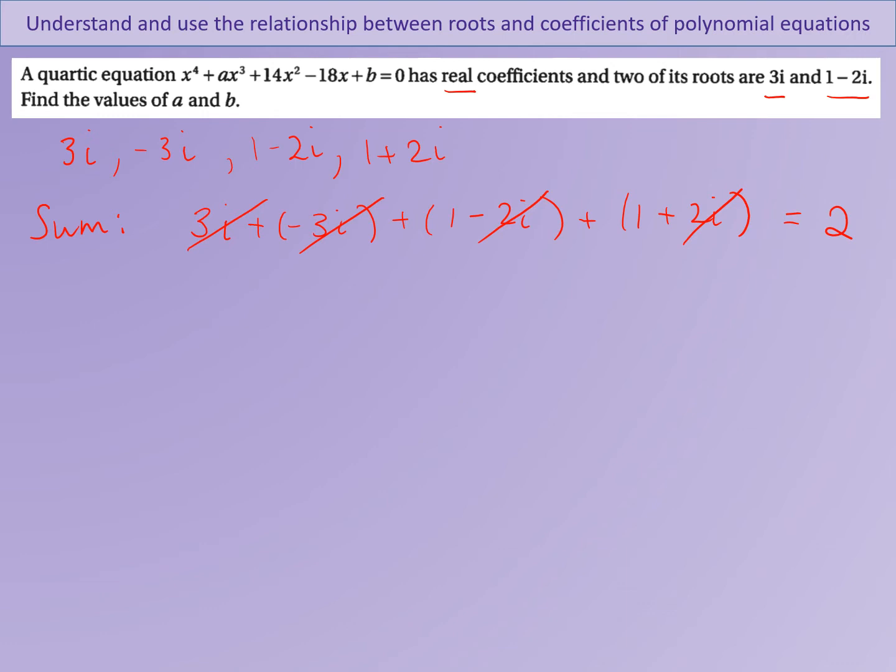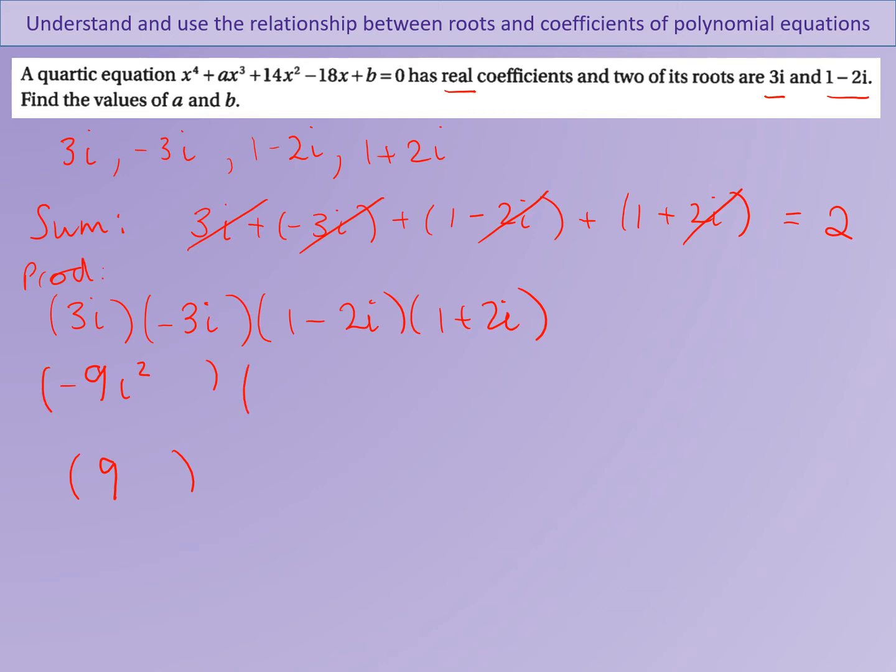We can then work out the product of the roots as well. So this is 3i multiplied by minus 3i and the other two all multiplied together. If we do the first two brackets, 3 times 3 is 9, so that's minus 9i squared, and i squared is minus 1, so this would give us 9, and that would be multiplied by those second brackets.